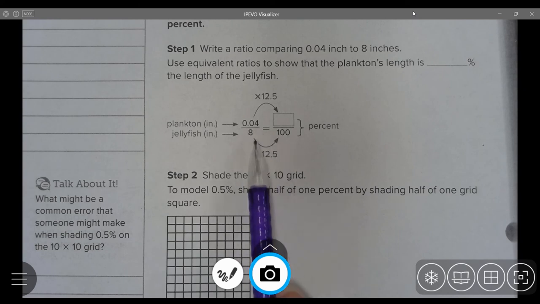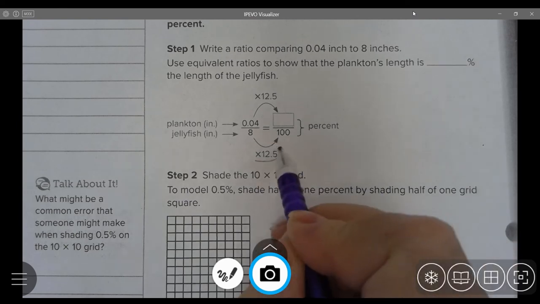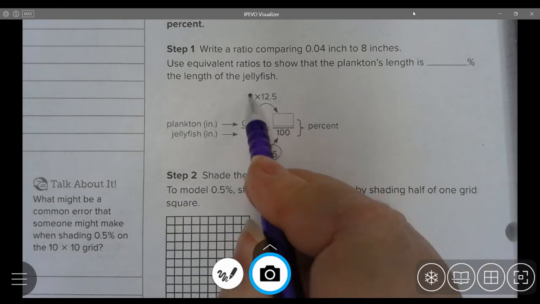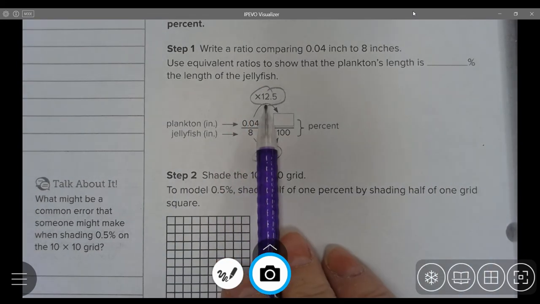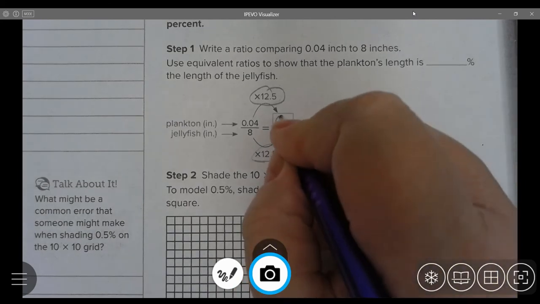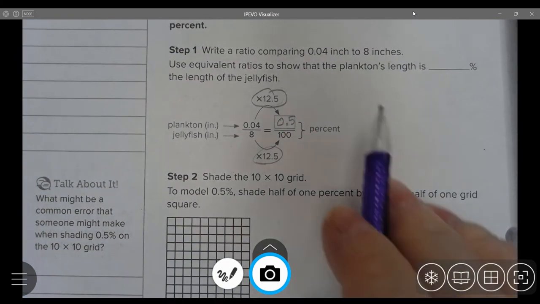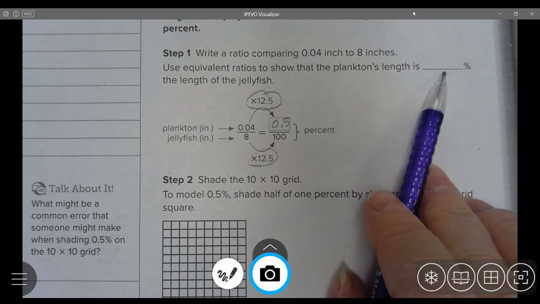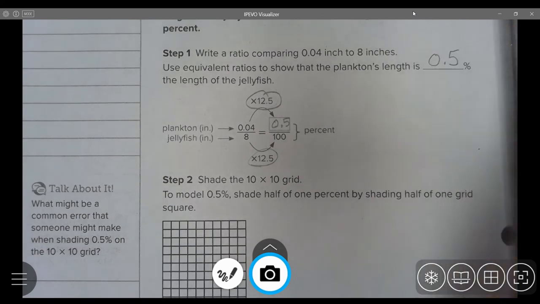And then we say 8 times 12 and a half equals 100. To write an equivalent ratio, we do the same thing to the 4/100. 4/100 times 12 and a half would give us 1/2 over 100. So to fill in this blank, the equivalent ratio would be 1/2 or 5/10 of a percent.